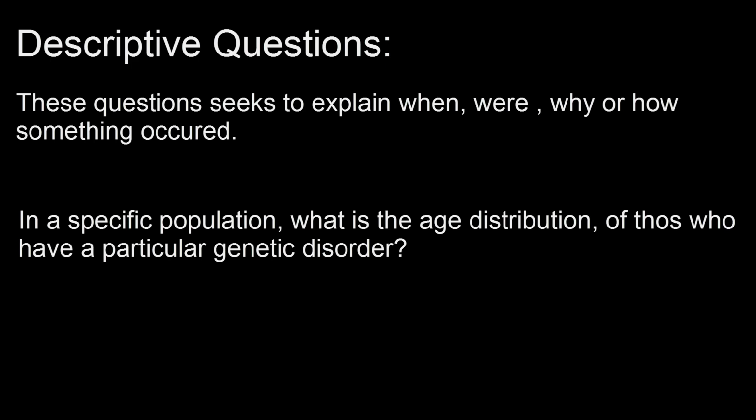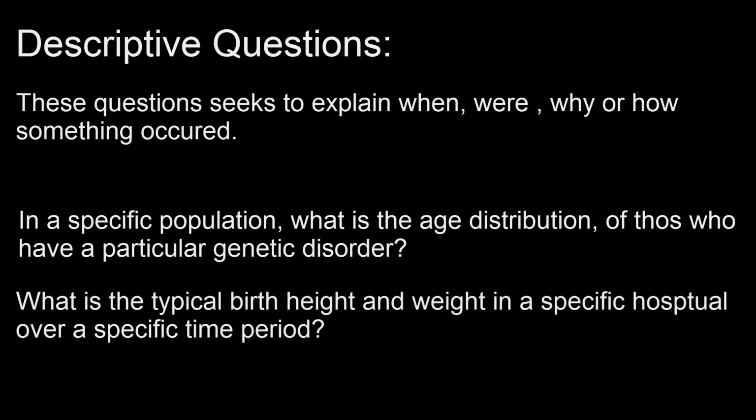Here we are trying to understand what is happening and why it is happening. Another example is, what is the typical birth height and weight in a specific hospital over a specific period of time? Here you can mention the hospital name and time period as per your research objectives.